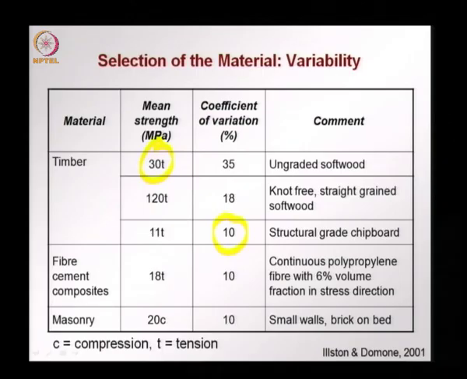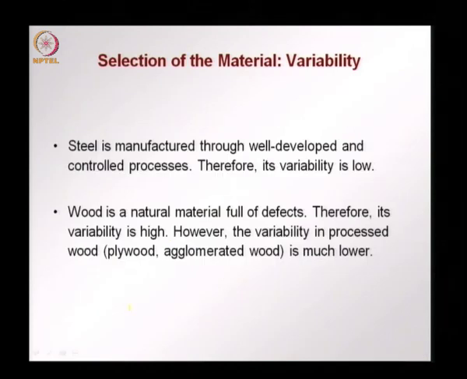Fiber cement composites, say a cement matrix with 6% volume fraction of polypropylene fibers in a certain direction having a strength of 18 megapascal in tension, could have again a coefficient of variation much lower than what we saw for concrete. Masonry, small bricks, so you have many bricks acting together, put along the direction of the larger face, brick on bed, with 20 megapascal compressive strength again has a coefficient of variation of about 10%.